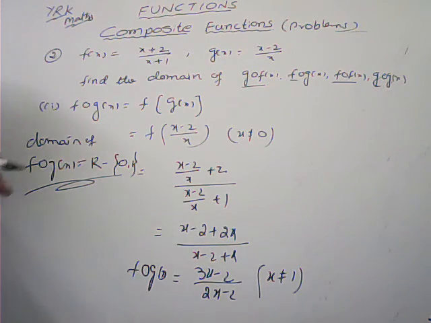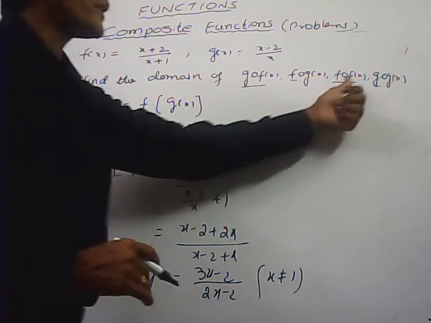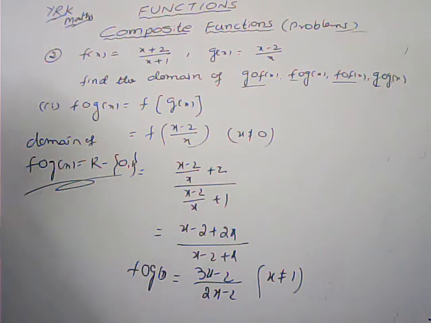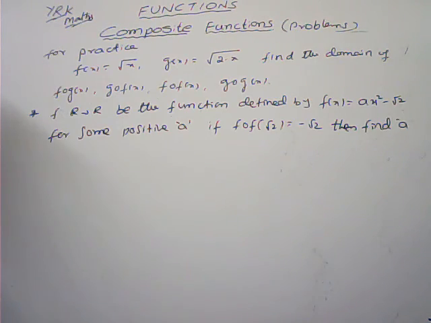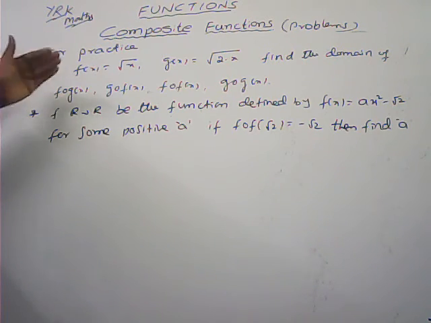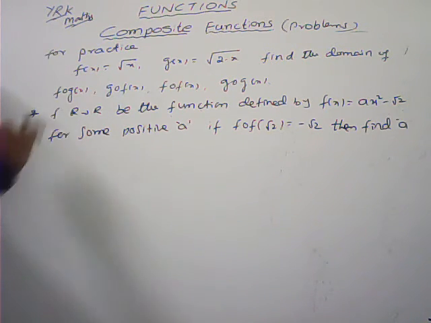And the rest of the problems you can practice, and I will give one more problem also for practice. Here this one for practice, otherwise here also I will explain one bit, remaining all you can practice.